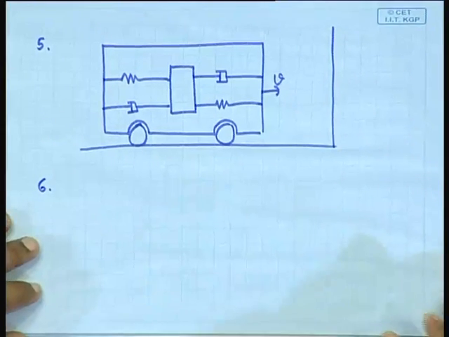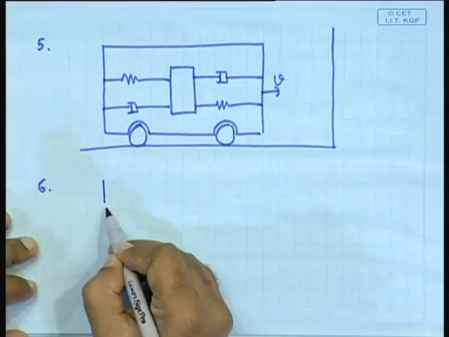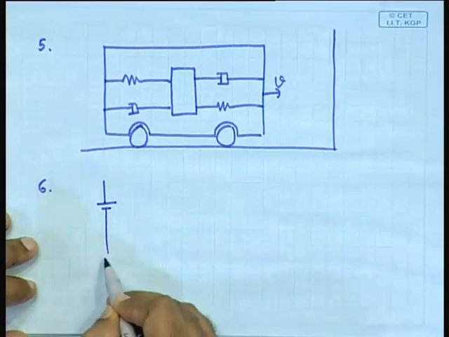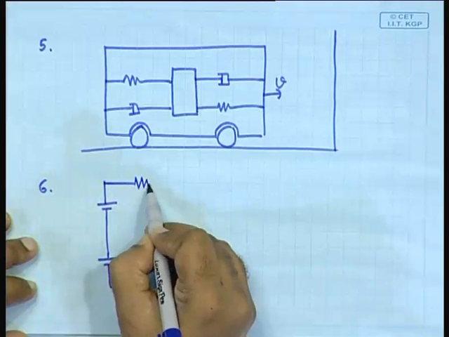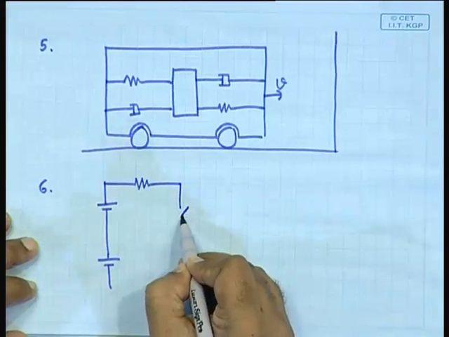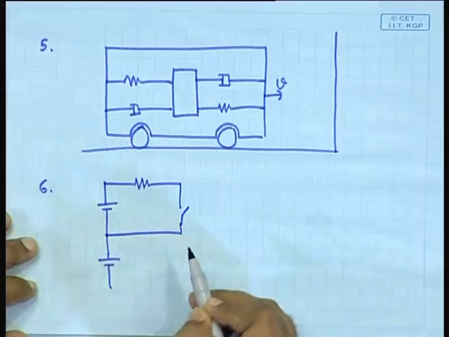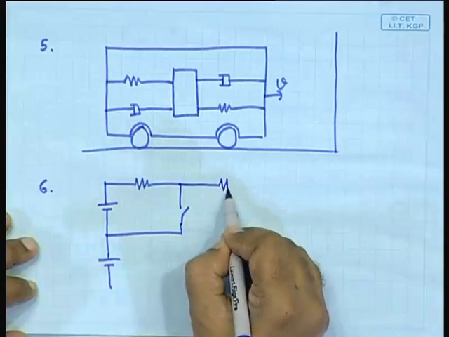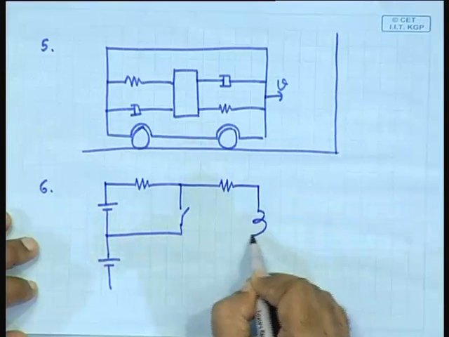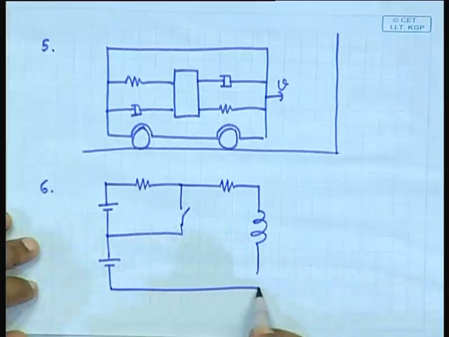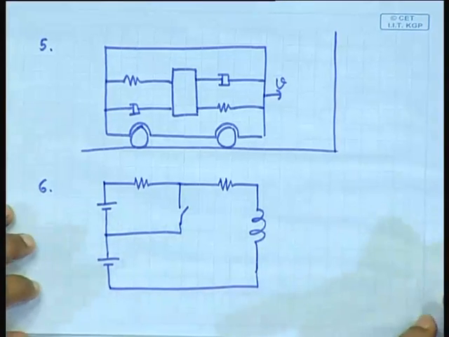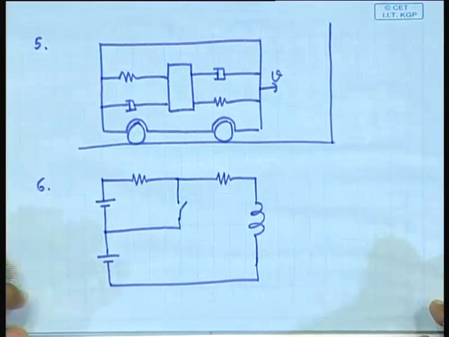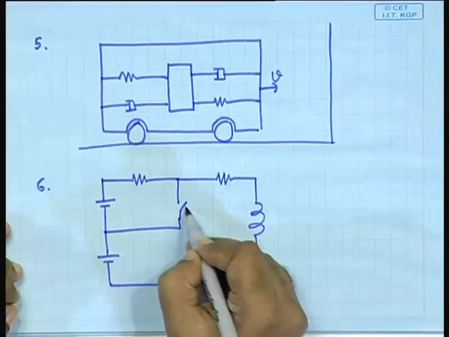Okay. Now, 6, it is again a circuit problem. There are 2 batteries and suppose here you have a switch and here is another and this is an inductor. It is a first order problem. Initially the switch is open.